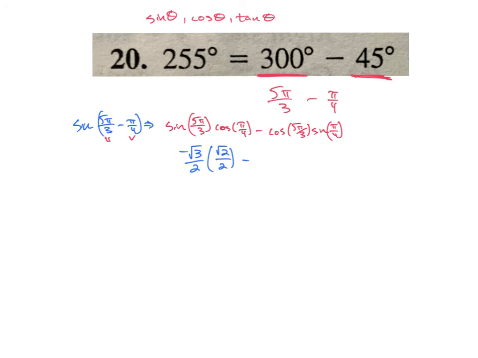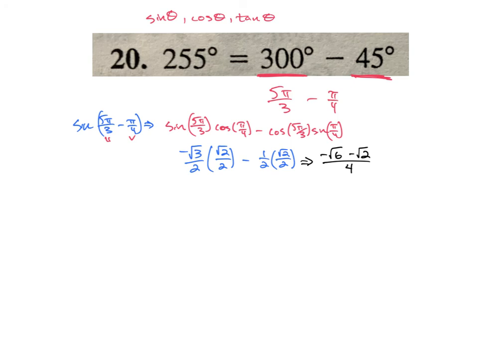And then minus, what's the cosine of 5 pi over 3? 1/2. And then square root 2 over 2. And now we just got to do a little bit of math. And what do we get? Negative square root 6 minus square root 2 all over 4. Okay? All right, so there's the sine of it.